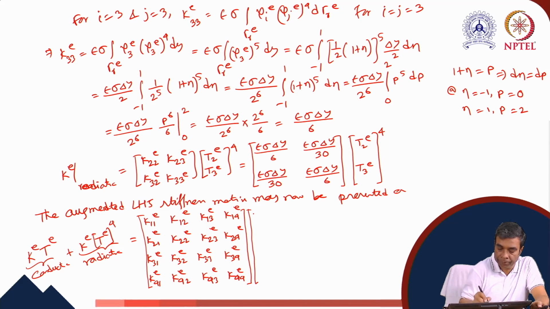Here we have T1e, T2e, T3e, T4e, plus we have the contribution from the radiation part.